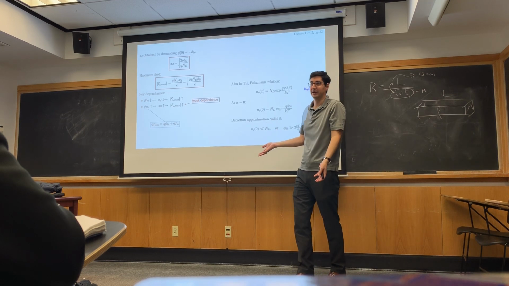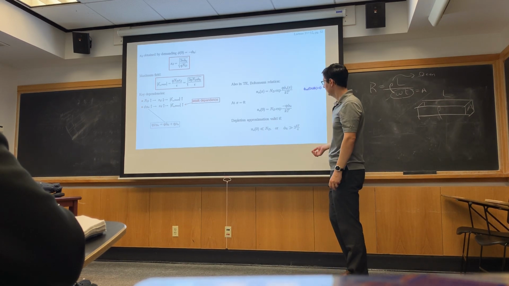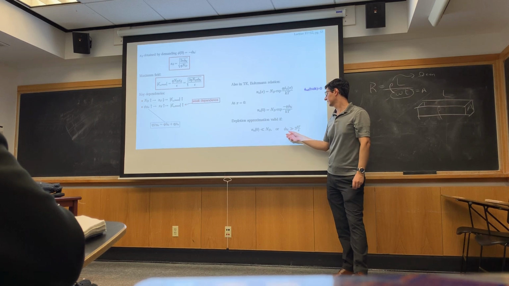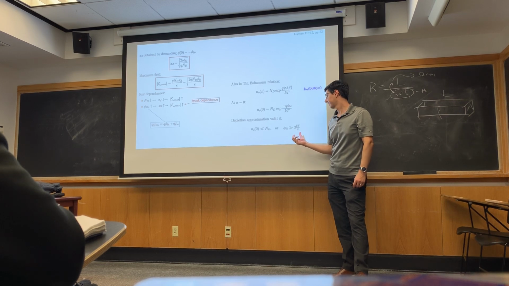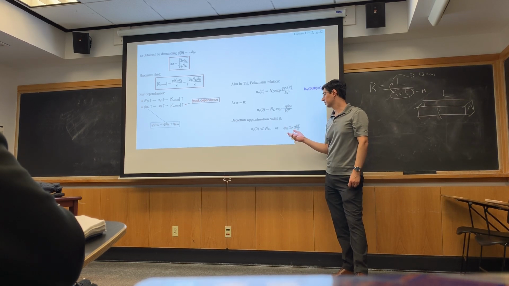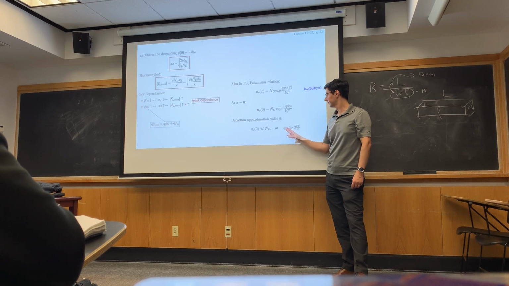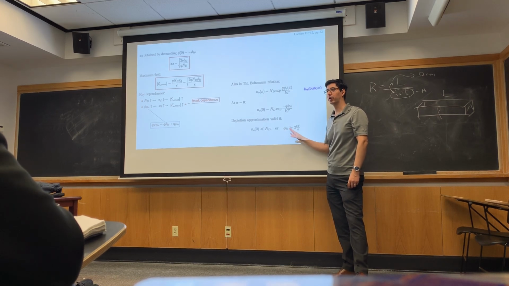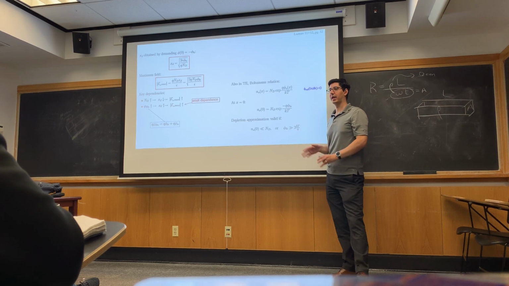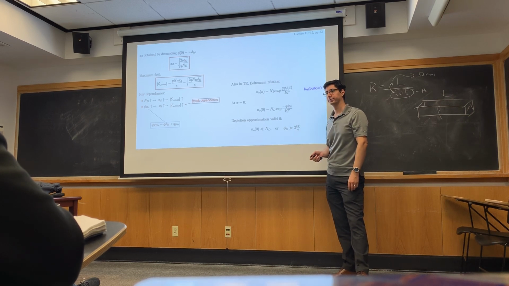Otherwise, I haven't really depleted it. Which is equivalent to saying that phi bi is greater than 3 kT over Q. I think we could relax this condition, and it should be approximately greater than or equal to.